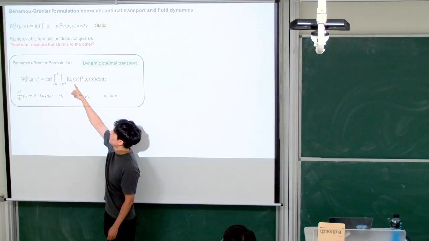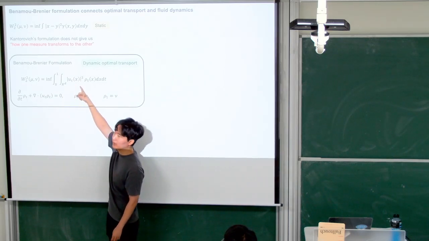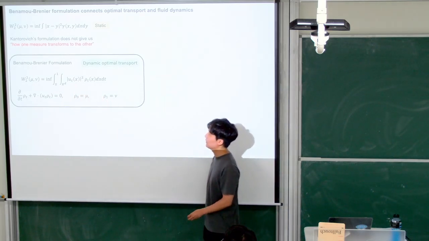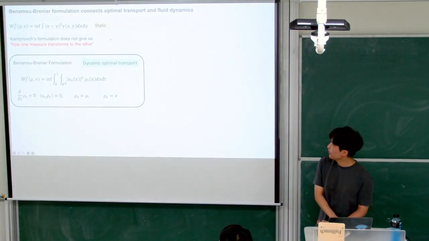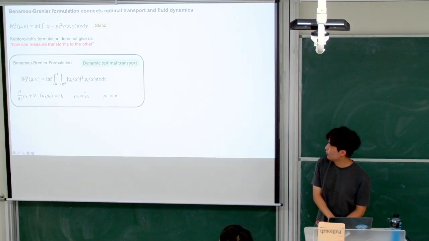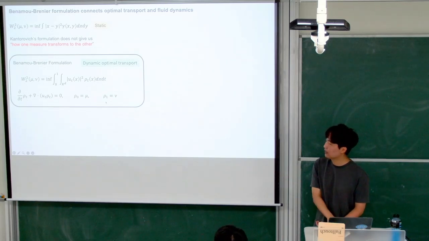So this means the sum of the square of velocity. So this is something like kinetic energy. Here, rho 0 is the initial distribution, and the boundary point is the target distribution.